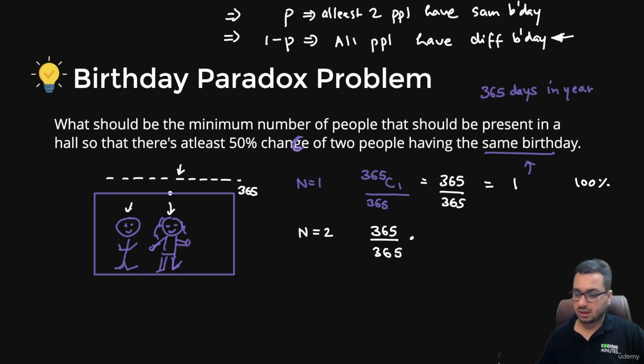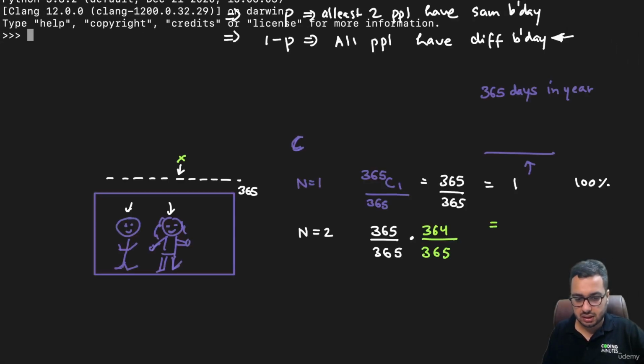But if the second person wants a different birthday, the second person should have 364 choices, because one day is already taken. So the second person will have only 364 choices available, so we multiply by 364 upon 365. Let's see what this turns out to be.